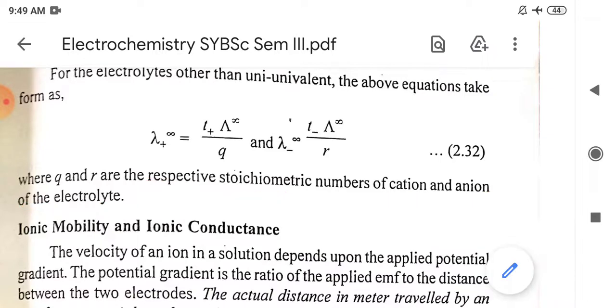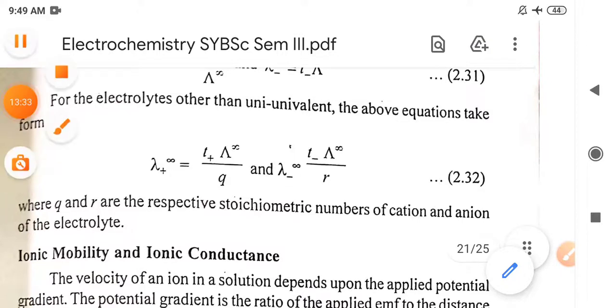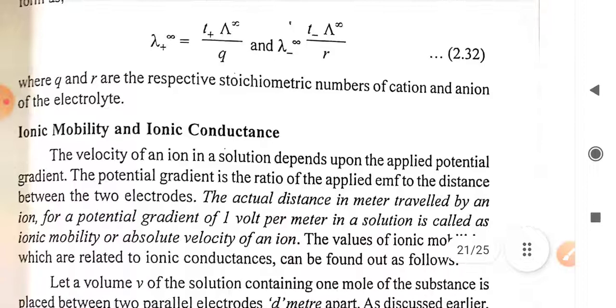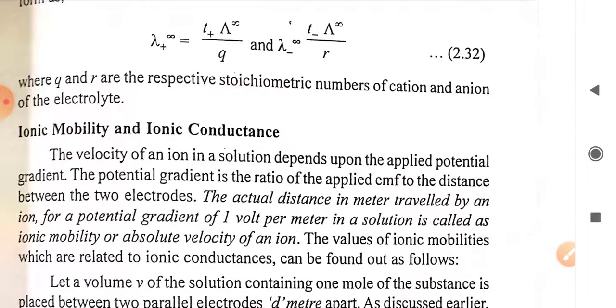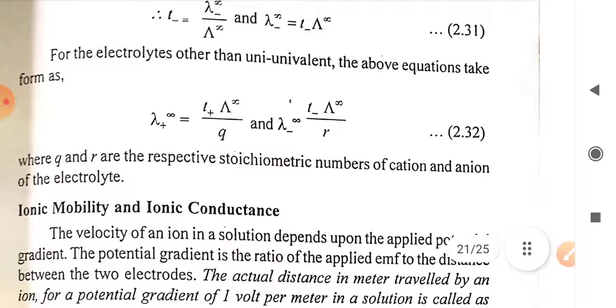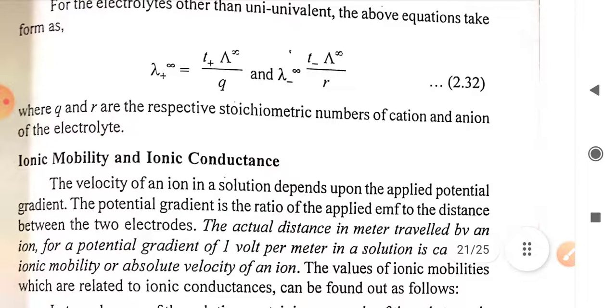Likewise, we have seen Kohlrausch's law for ions other than univalent. The same type of equation can be obtained for unibivalent or unitrivalent ions. Now we are left with ionic mobility and ionic conductance, and we will see some numericals based on the transport number in the upcoming lectures.